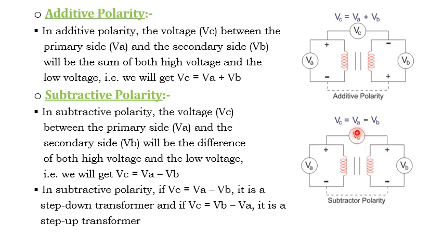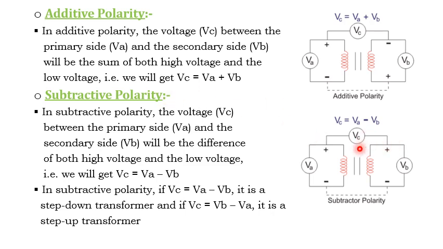Another voltmeter, which is connected between the primary and secondary side of the transformer, measures the potential difference. If this measures the voltage difference between VA and VB, such type of polarity is called subtractive polarity.